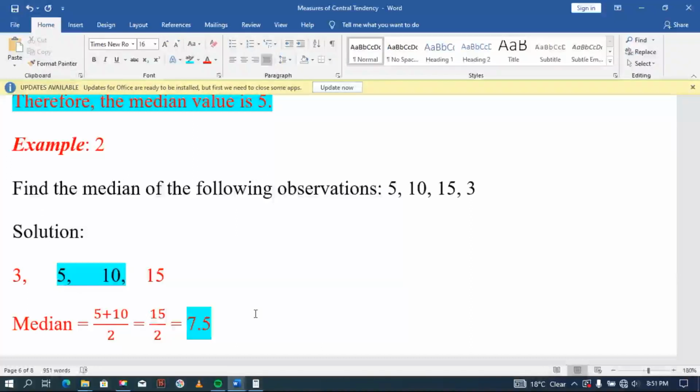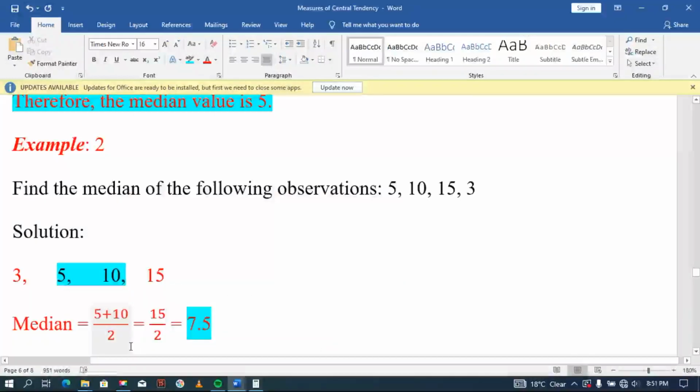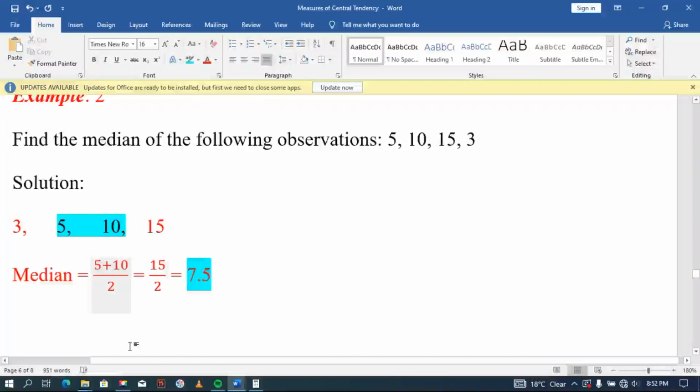So we've looked at the median for an individual observation. Now let's look at the median when it comes to simple frequency distributions.